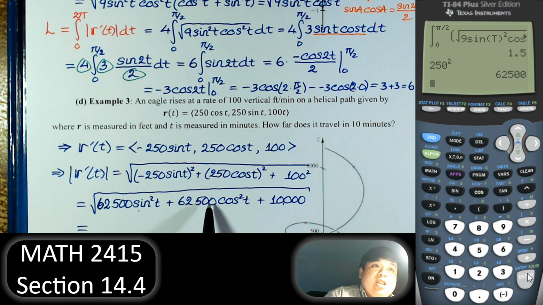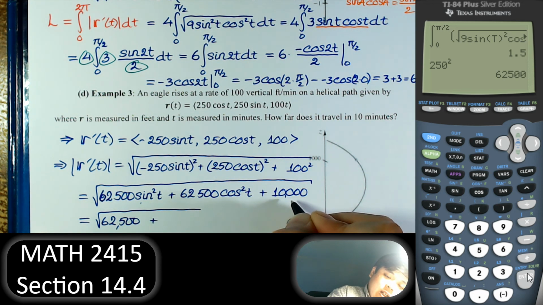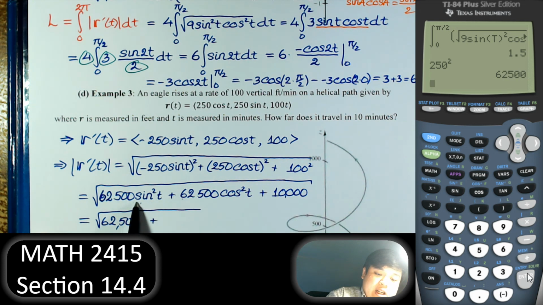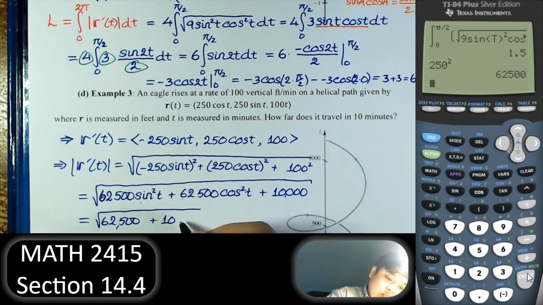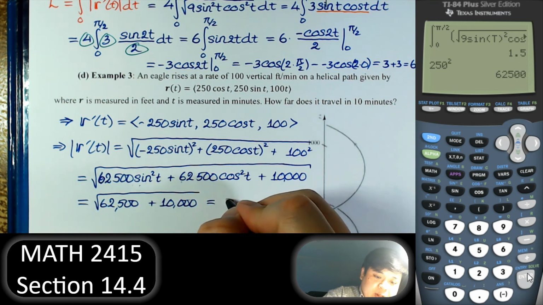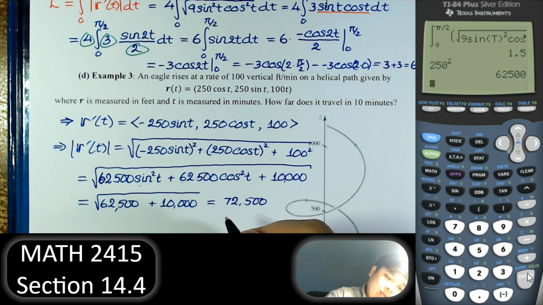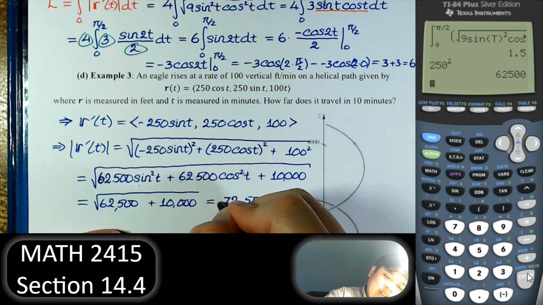And cosine square plus sine square is 1. So just factor out 62,500, so we can skip that step. We factor it out, right? And then sine square plus cosine square is 1, so we just have that. And that's just 72,500. Simple enough.